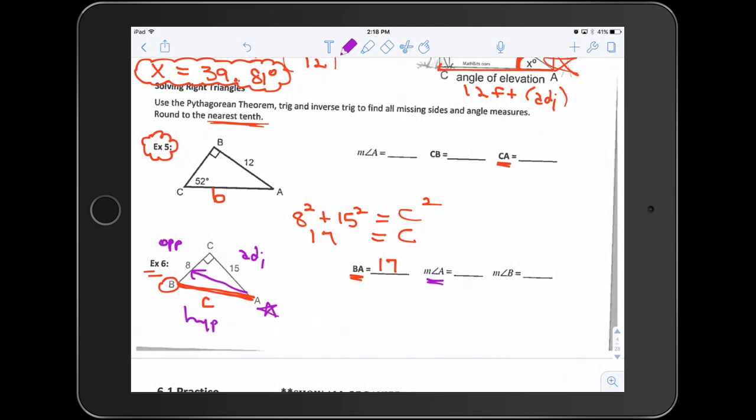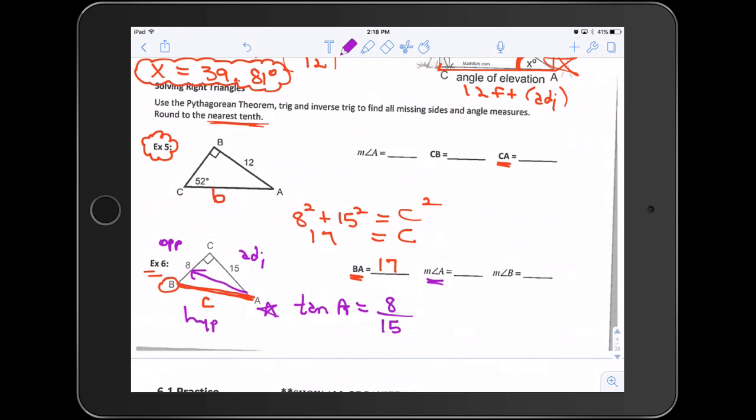Now we have opposite and adjacent, so again, notice we have another tangent. Tangent of angle A, and notice I'm using a big letter A because that's an angle, is equal to the opposite side 8 over the adjacent side 15.